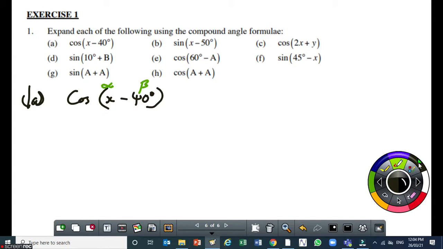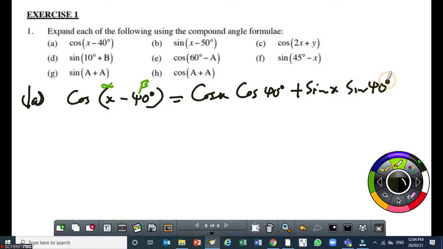So this is going to be equal to cos x cos 40 degrees. There is a minus here, so we'll put a plus, so that will be plus sine x sine 40 degrees. Unfortunately, 40 degrees is not a special angle, so we can't carry on.